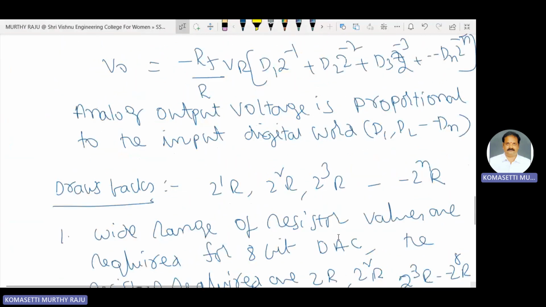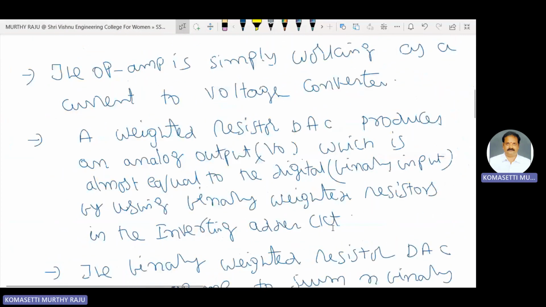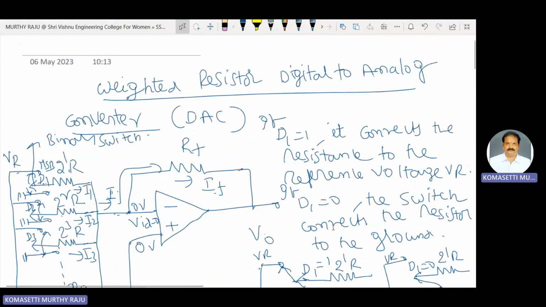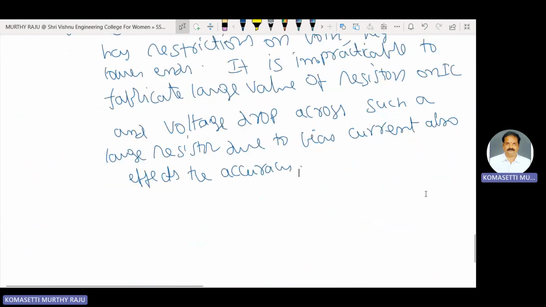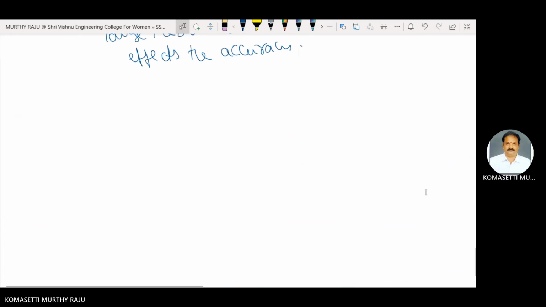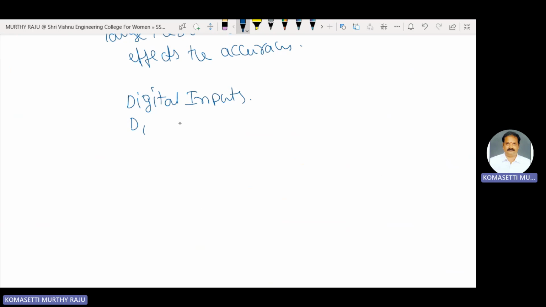This is the analysis of the weighted resistor binary, digital to analog converter. Suppose 3 bits are taken, digital inputs D1, D2, D3.